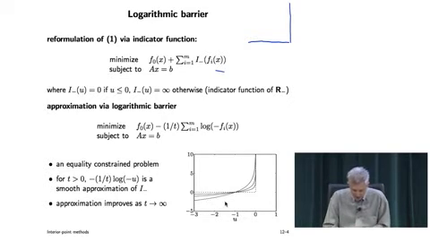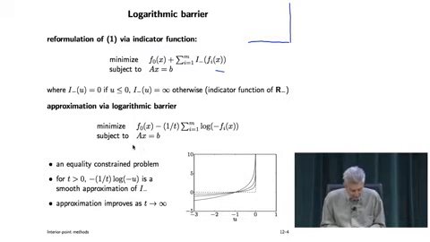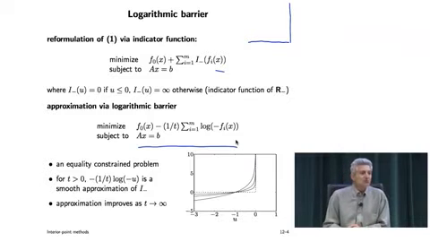These are increasing values of t. The one that hugs the true function closer has a higher value of t. So now that problem is Newton ready. That's ready for Newton with equality constraints because it's smooth. And not only that, at least visually, the approximation improves as t goes to infinity. So it looks like we have something that will do the right thing.